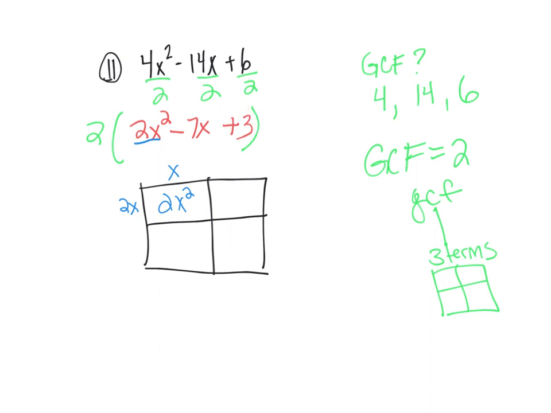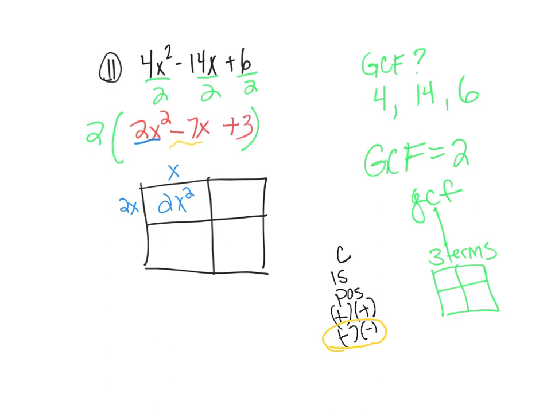And remember that when that c value is positive, that tells us one of 2 things is true: we either have multiplied together 2 positives or we've multiplied together 2 negatives. And by looking at this middle term, which is negative, I know that the factors are both going to be negative.